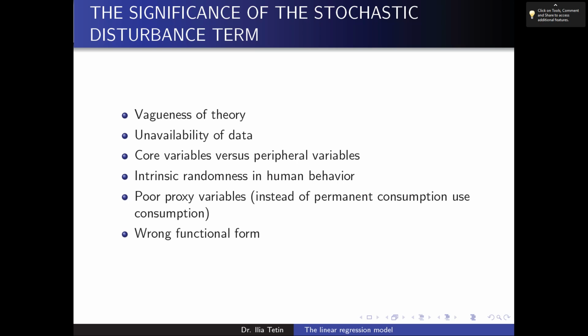Core versus peripheral variables. Sometimes we think that besides income, family size also impacts consumption. It might be a core variable if the regression becomes better. How do we understand that it becomes better? Because we measure the quality of the regression: the standard error of regression, and the coefficient of determination, so-called R squared, which measures how much variation is explained in comparison to the total variation.